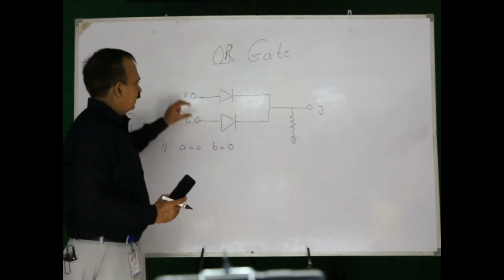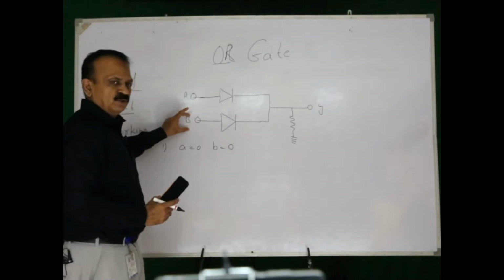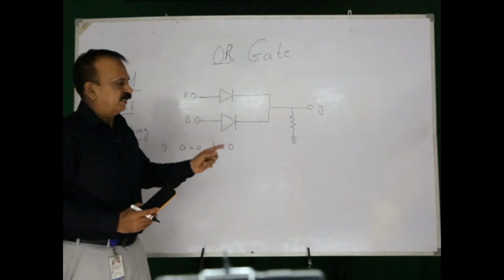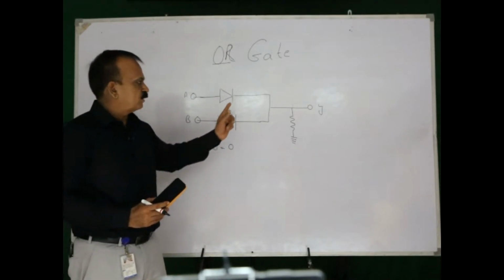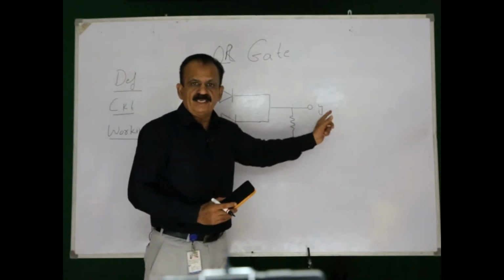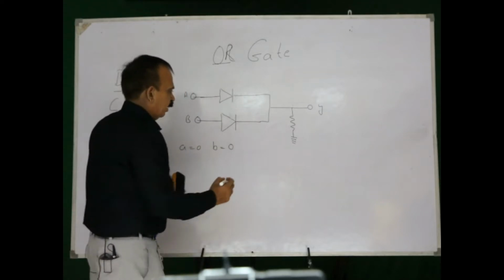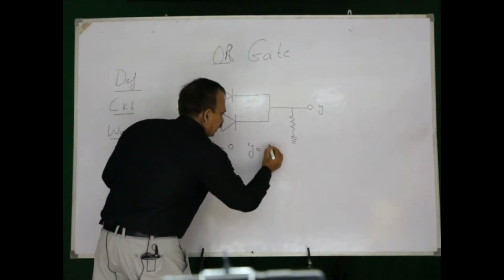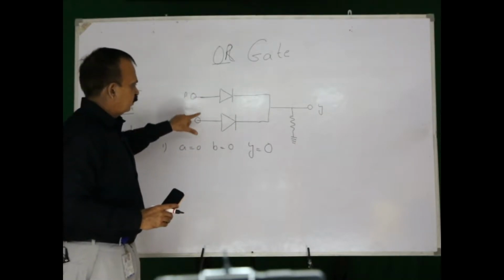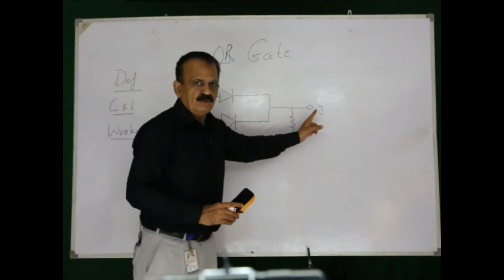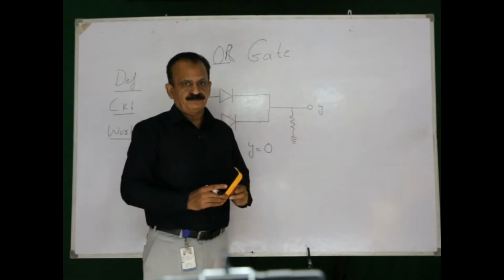The point is A is 0 and B is 0, so no current will pass through either diode, and when no current passes through the diode, the output at Y is going to be low, or I will say Y is equal to 0. That means for A 0, B 0, the Y value will be equal to 0.